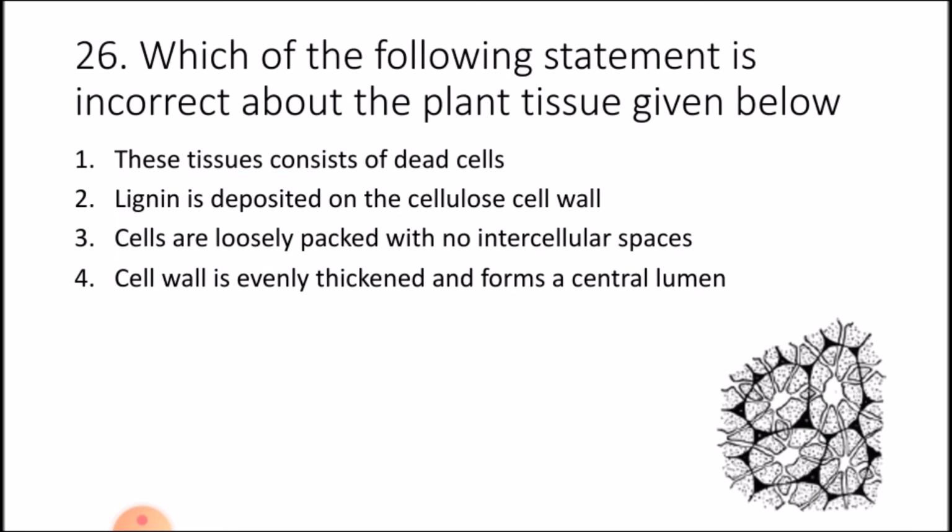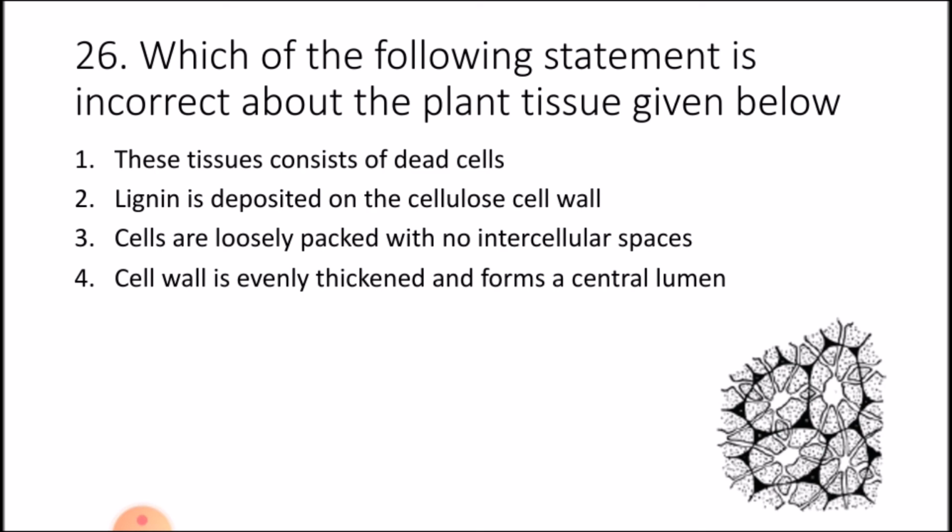Question number 26. Which of the following statements is incorrect about the plant tissue given below? These tissues consist of dead cells. Lignin is deposited on the cellulose cell walls. Cells are loosely packed with no intercellular spaces. Cell is evenly thickened and forms a central lumen.